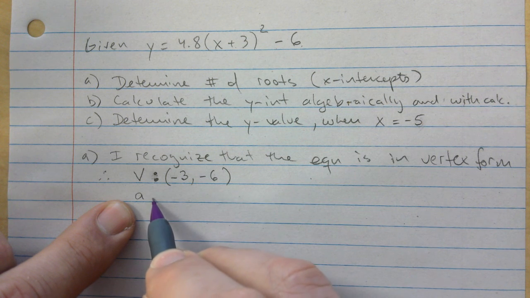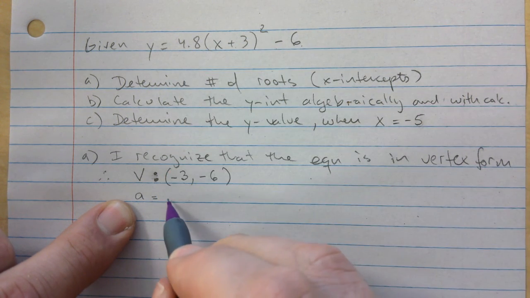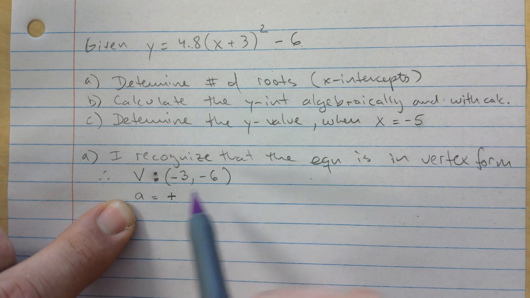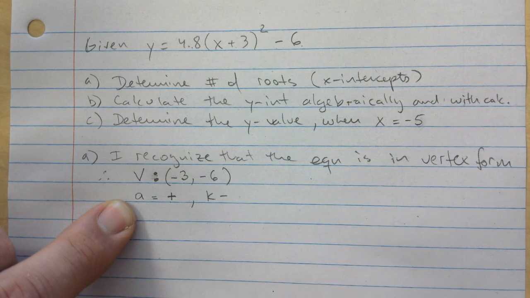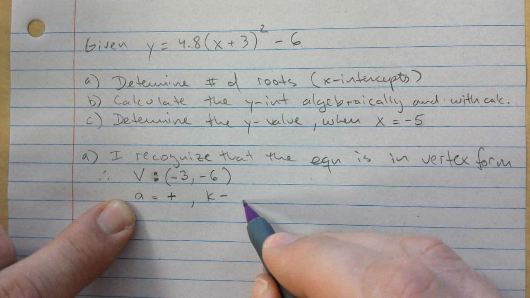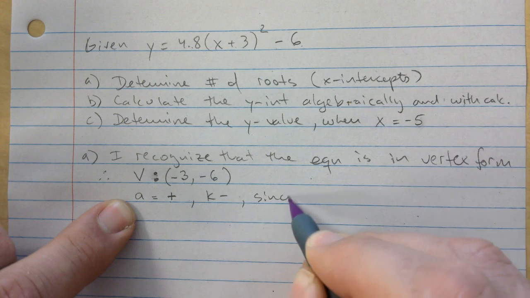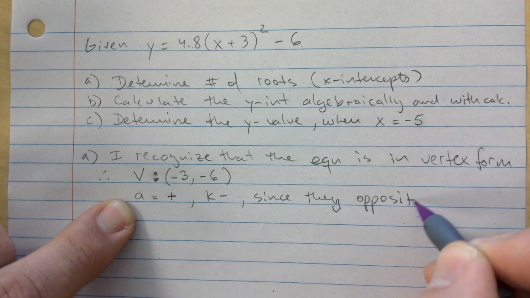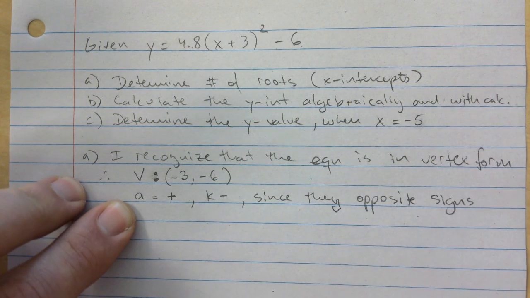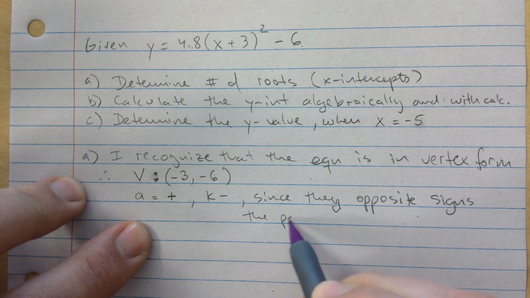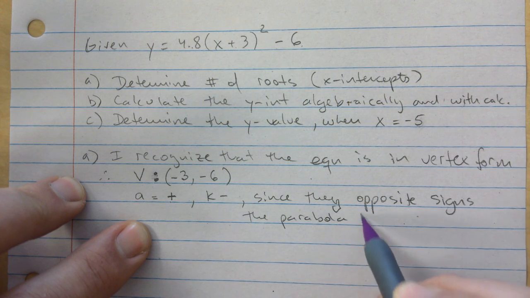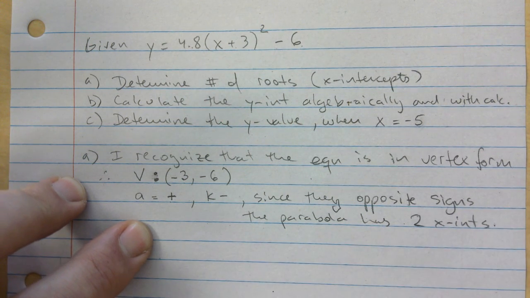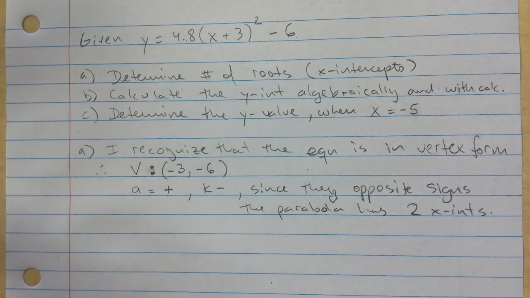A is positive, right? That's all I'm focusing on. A is positive, right? K is negative. Since they have opposite signs, the parabola has two x-intercepts. And we're gonna test that later and make sure we get that right.